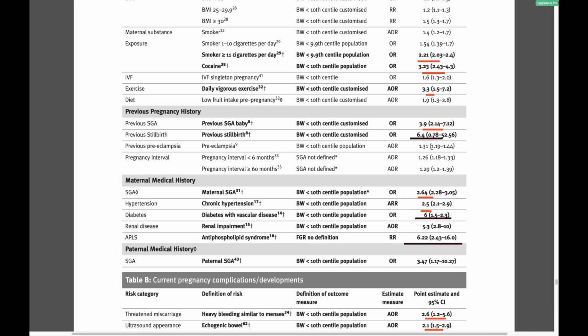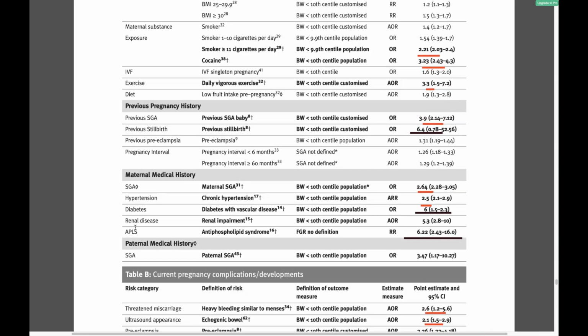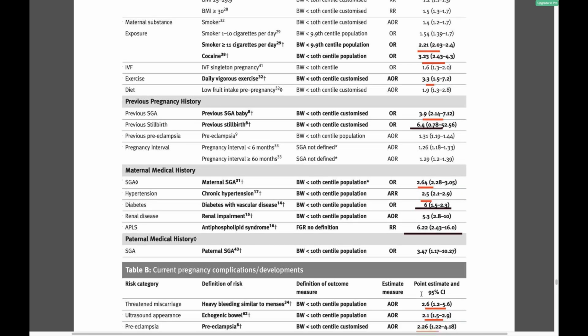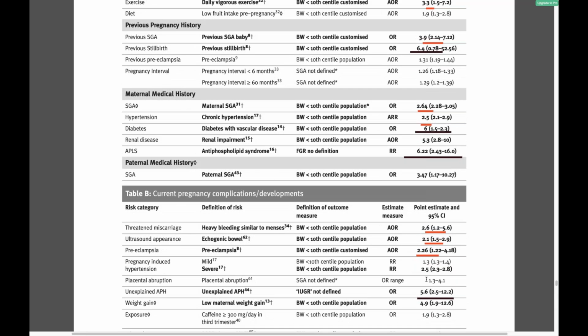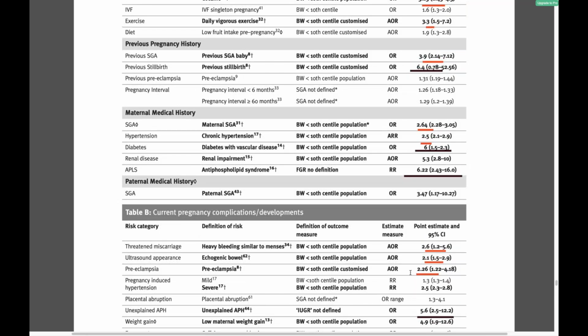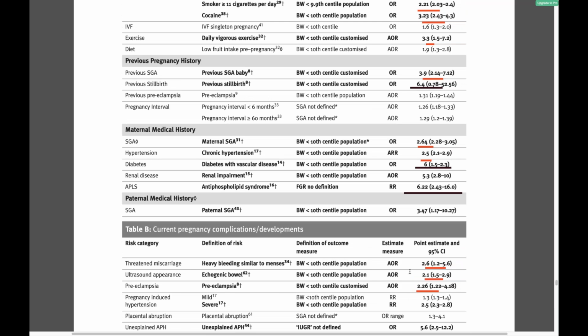Now, if you see the table here, previous stillbirth has an OR of 6.4. Now you can see so much weightage to this factor, and another is 6.2, antiphospholipid antibody syndrome. Sometimes they give many factors, and then they ask you which factor gives the more chances of the baby having SGA.